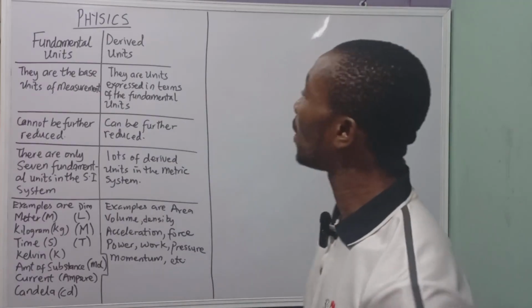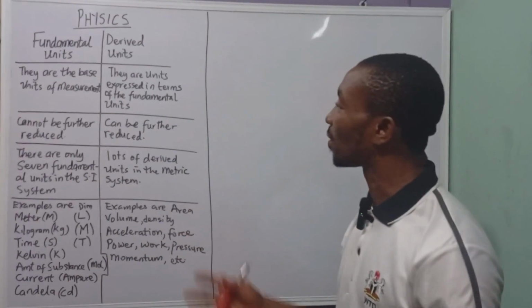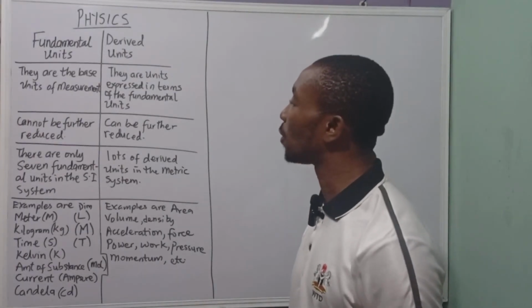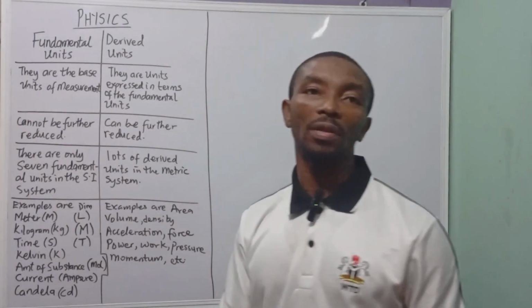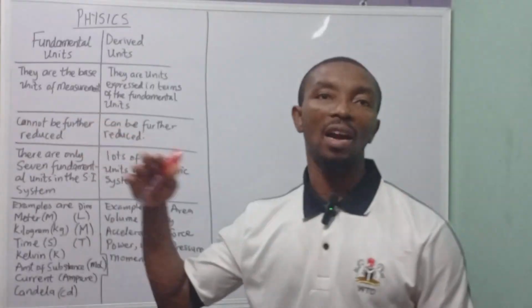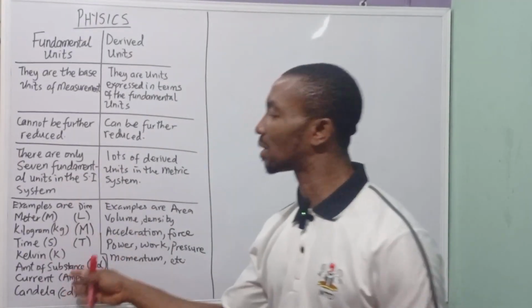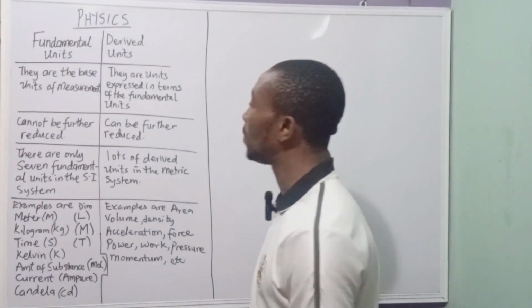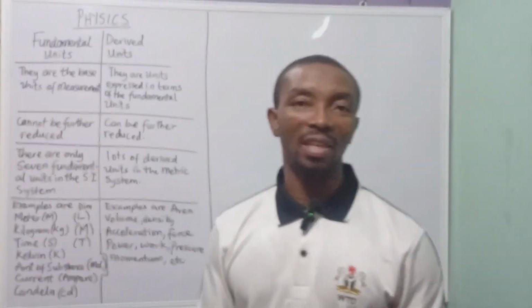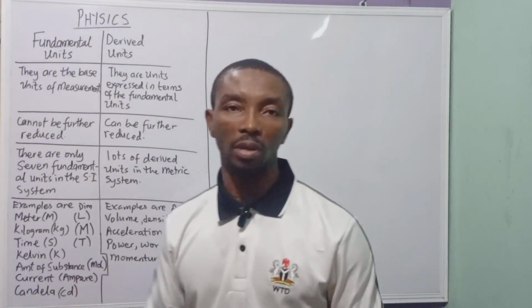Now, derived quantities are units expressed in terms of the fundamental units. Derived quantities are a combination of one or more of our fundamental units, and they can still be broken down into the fundamental units which formed them.